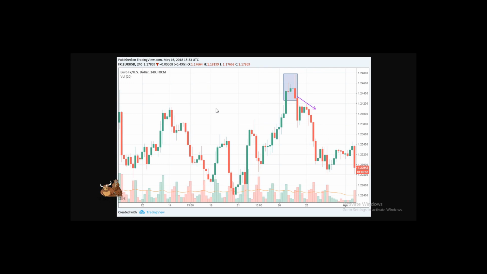The third example that we have here now is a bearish engulfing candlestick strategy, which is exactly the same as the bullish one. Just now we are talking about bears taking control from the bulls, and here we have a big uptrend.